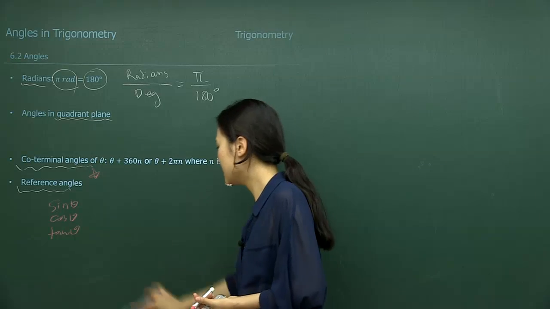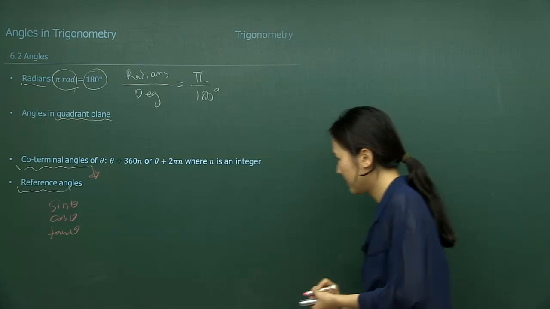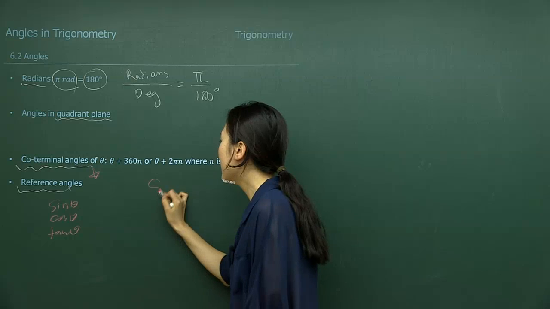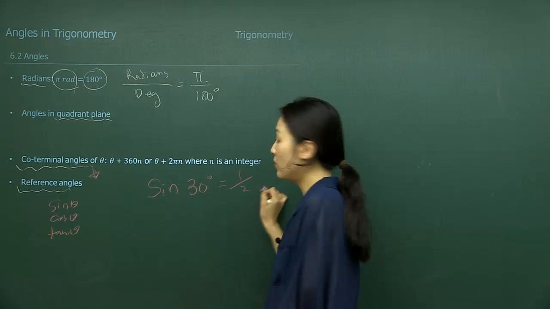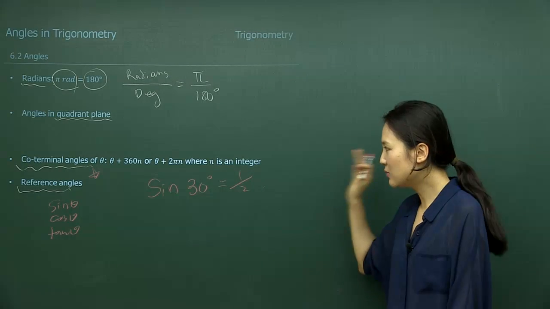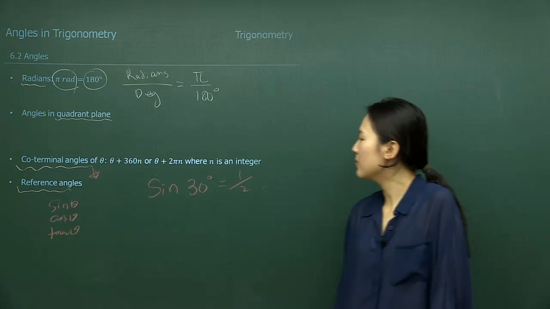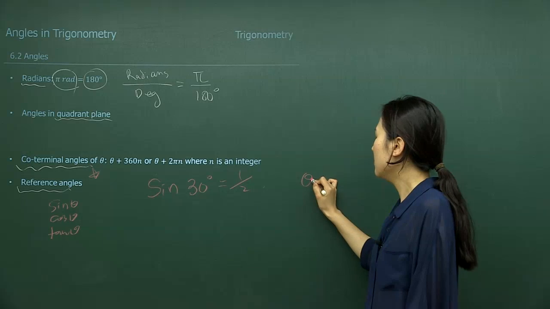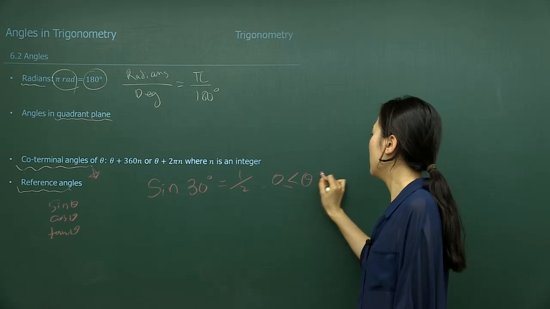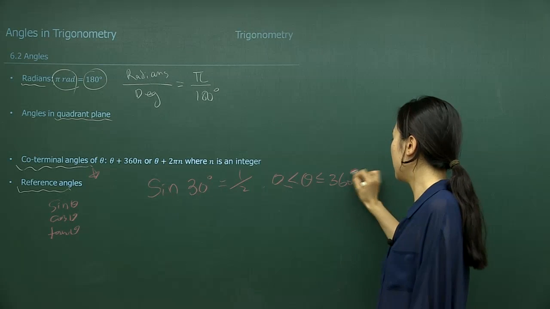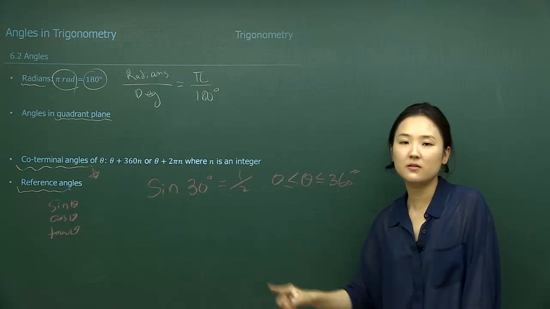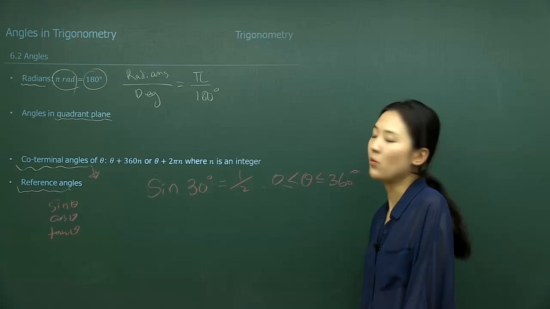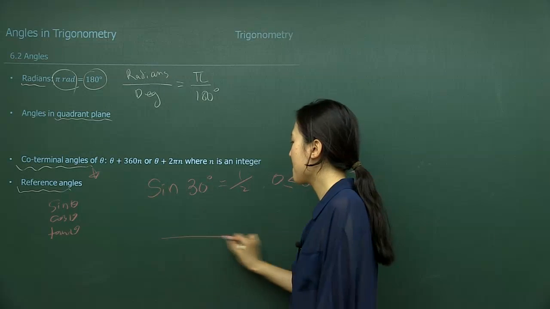Remember how we said sine of 30 degrees is equal to 1/2? This is why we were talking about reference angles. If your angle lies between 0 and 360 degrees, we can find another angle value that also equals 1/2. What is that?